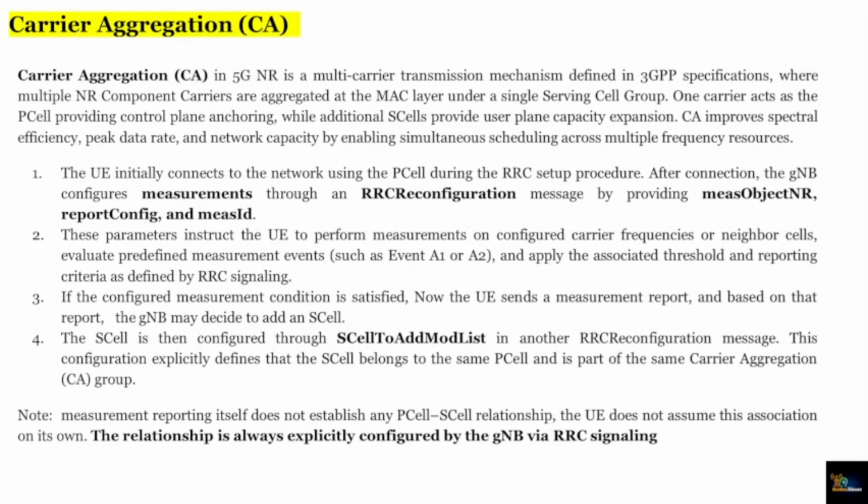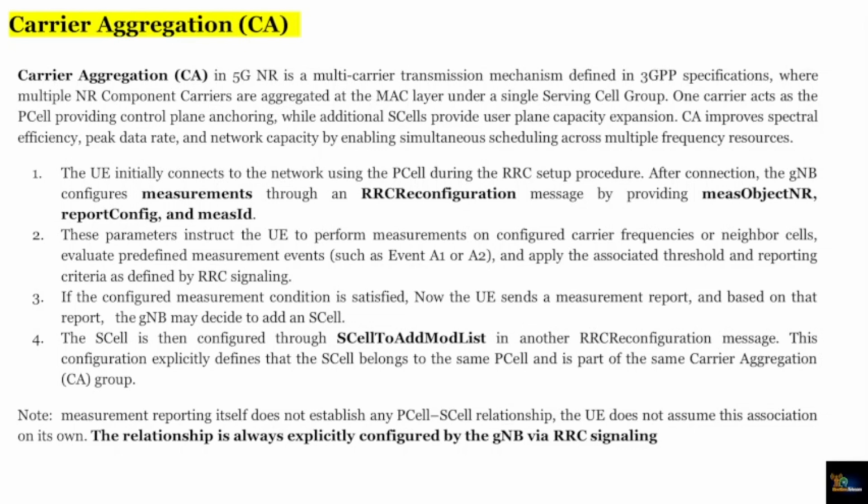After that, these parameters instruct the UE to perform measurement on configured carrier frequencies, evaluate predefined measurement events such as event A1, and apply the associated threshold and reporting criteria as defined by RRC signaling.